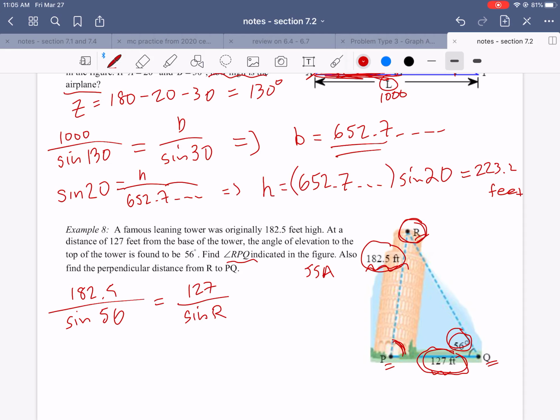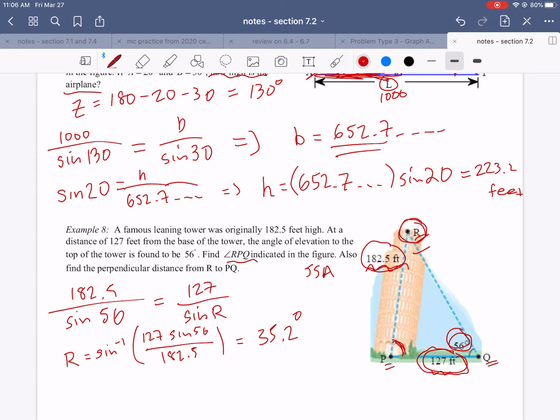And so cross multiplying and dividing is going to give me r is equal to sine inverse of 127 times the sine of 56 divided by 182.5. And punching that into the calculator in degree mode is going to give you 35.2 degrees.